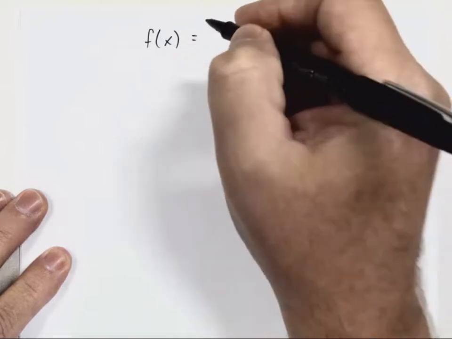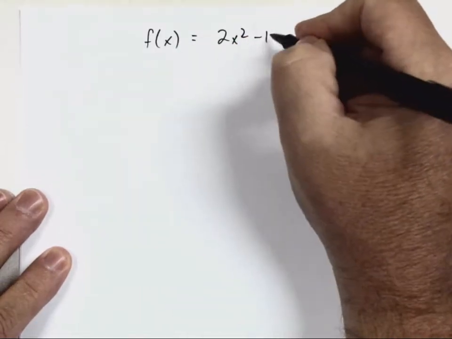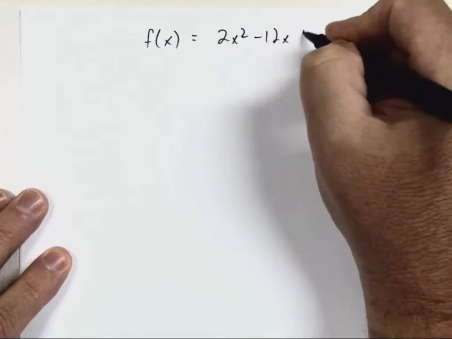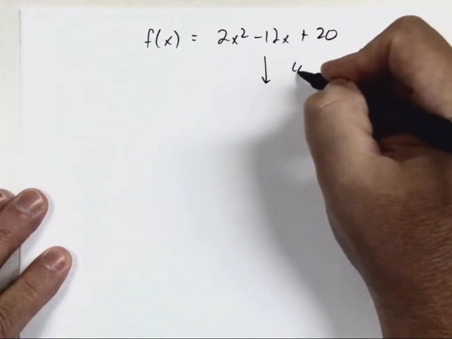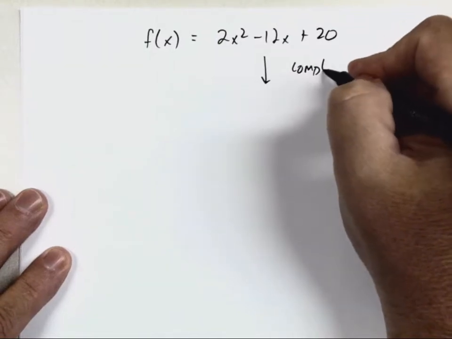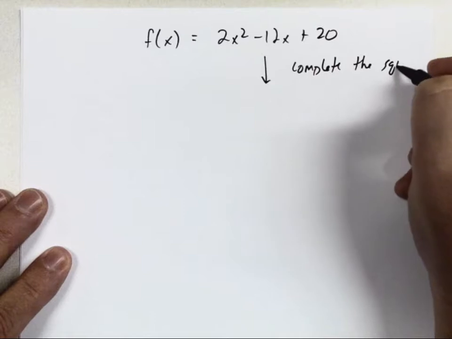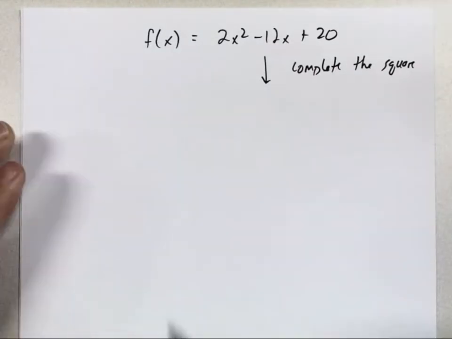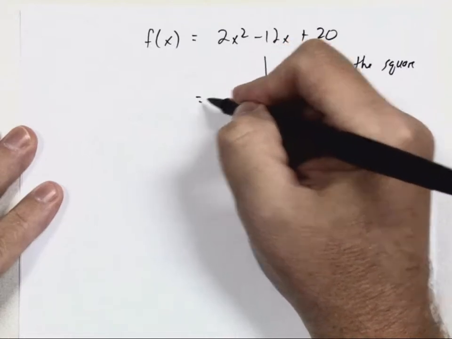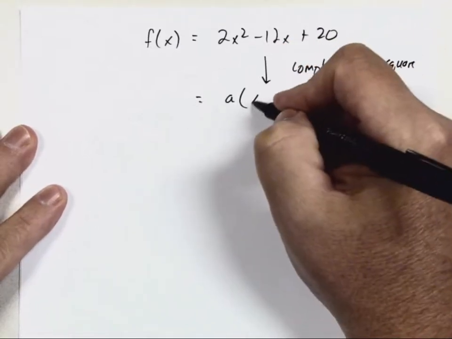They basically give you, this is like a quadratic equation. And what they want you to do, you've done this before for other reasons, they want you to use this procedure called completing the square. Because when they do it, here's what they want it to look like. I'll write it like this.